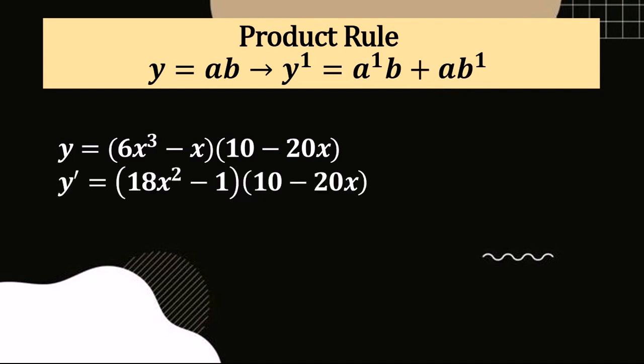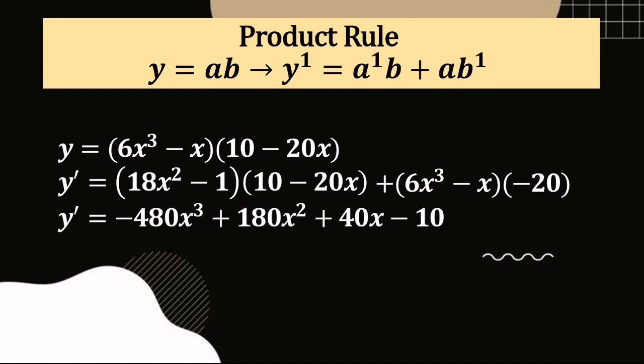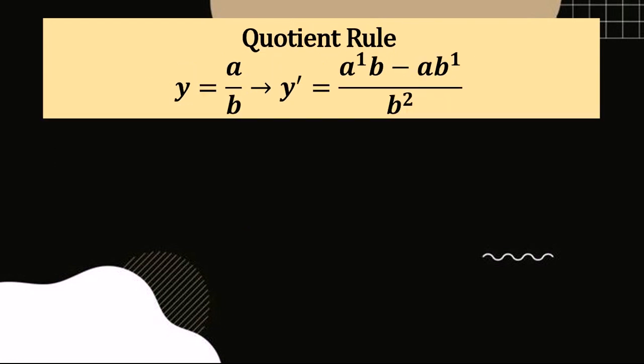So it will be 18x squared minus 1 times 10 minus 20x plus a times the derivative of b, which is 6x cubed minus x times negative 20. Simplify, so the derivative is negative 480x cubed plus 180x squared plus 40x minus 10.